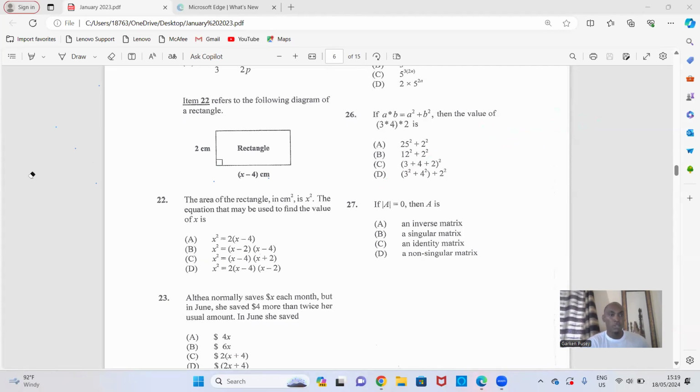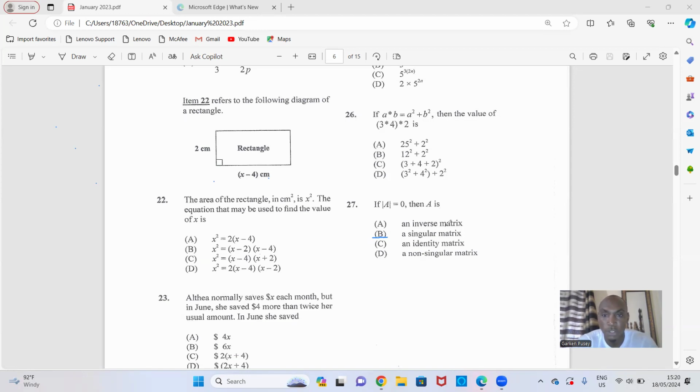And I can tell you, once you work at least 5 papers, you should see back maybe 30 of those questions, or in some cases, maybe more. Now it says if the determinant of A, so these two lines, yes, if the determinant of A is equal to 0, then A is a singular matrix. So a singular matrix is one that has a determinant of 0.